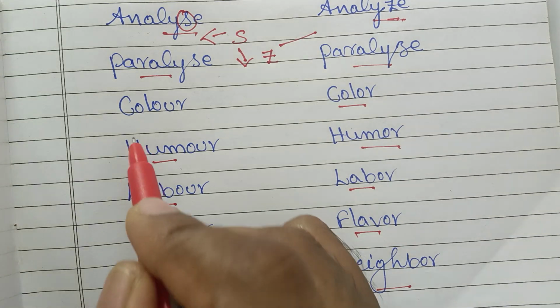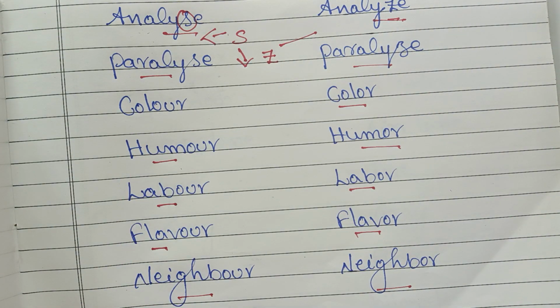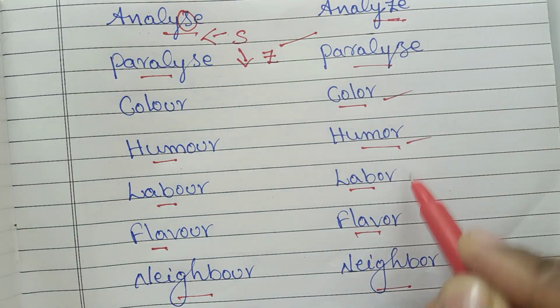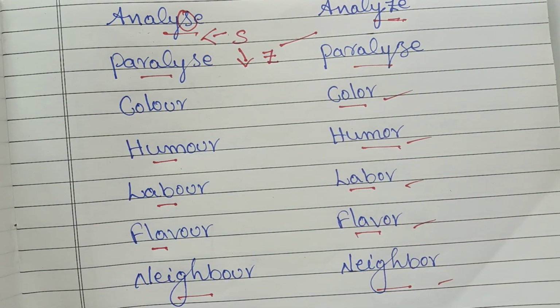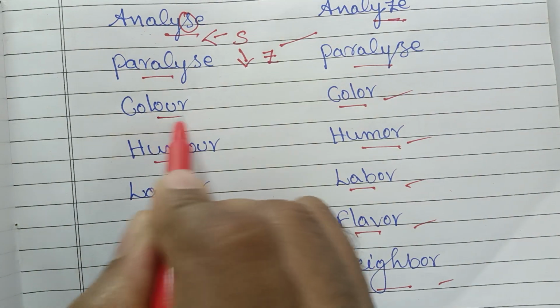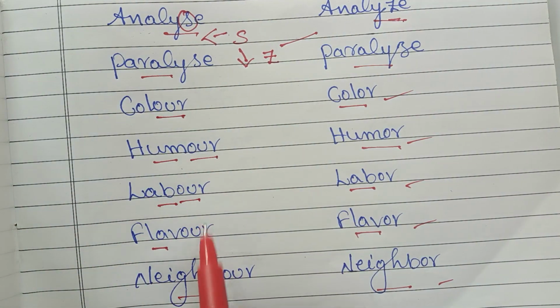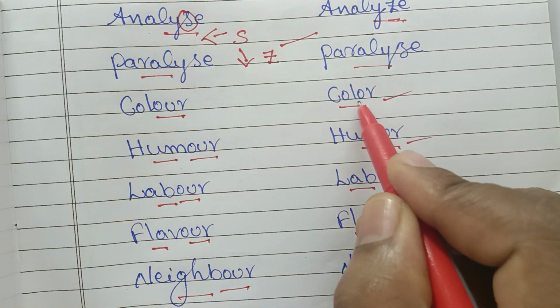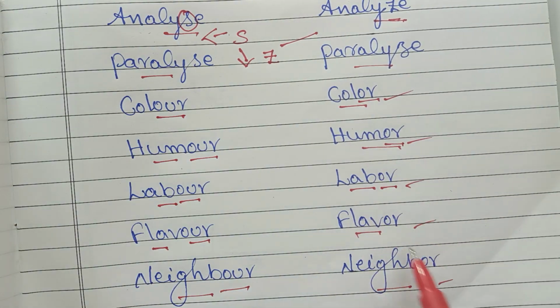Whenever you type this kind of words in the system, it in fact shows an error. But they are not errors. The system is trying to show the spelling of American words. So what is the difference here? All these end with OUR, whereas here just OR.